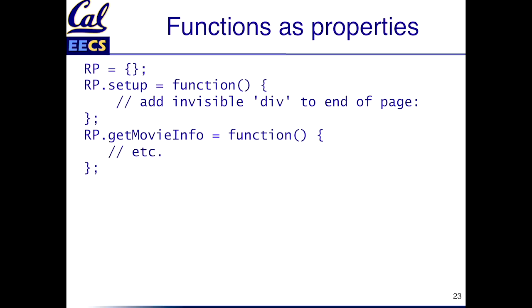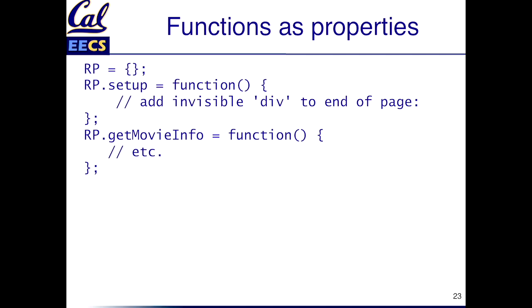As I said, a really common way that functions are organized, because they're first class and you can assign them to things, is to make functions be properties of an object. So for example, I could, following this convention of I'm going to declare a single global variable to hold all of my app's JavaScript stuff, here I'm declaring a JavaScript variable RP, and I'm declaring it outside the scope of any function, so it's going to be global.